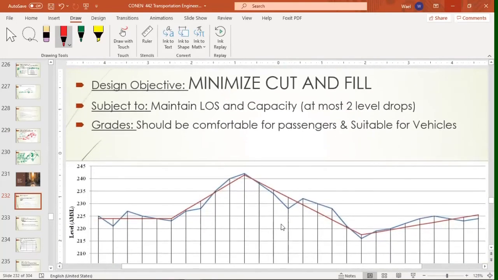The objective is basically minimizing the cut. In this case, for example, you see that the profile is below the natural ground level. And here it's above the natural ground level. Here it's going below. Here it's going above it. So, in order to achieve that, we cut these parts. So, this is what we call cut.